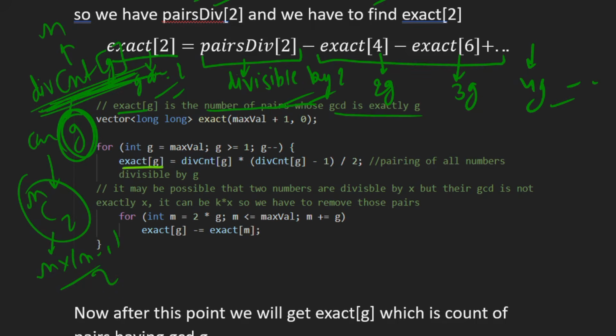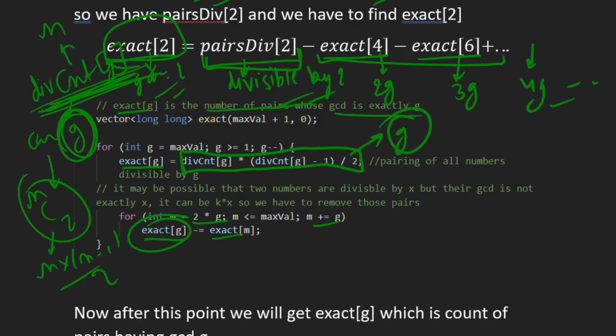So if you have to find exact of G, then we'll take all the pairs which are divisible by G. And now we have to find exact of G, so we subtract exact of 2Z, exact of 3Z, and so on from the value.